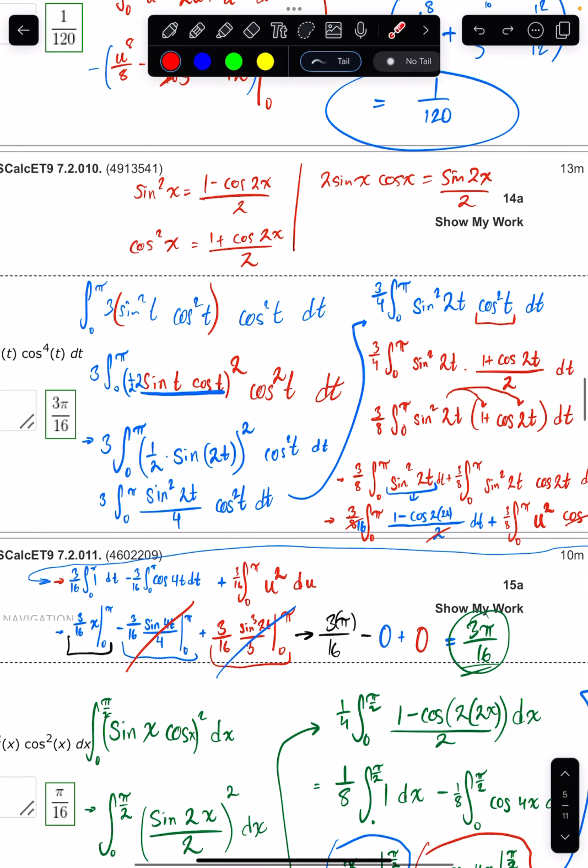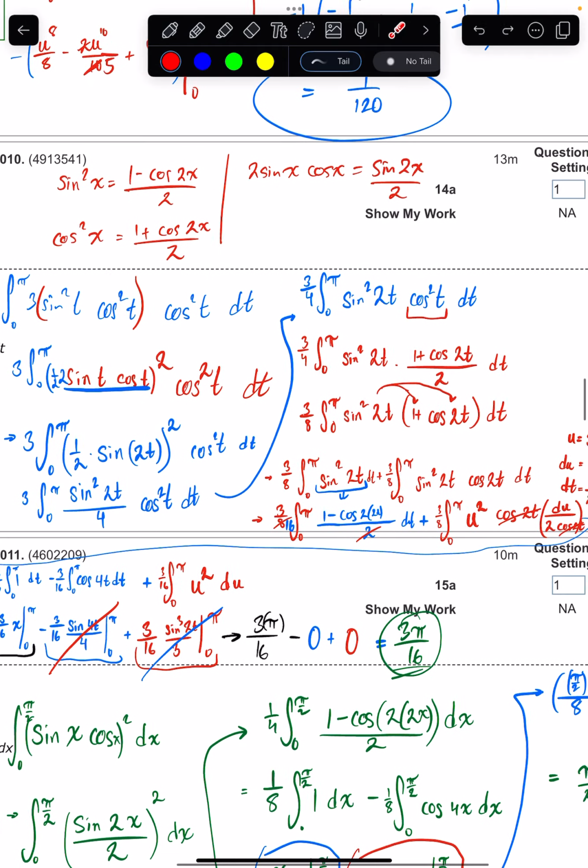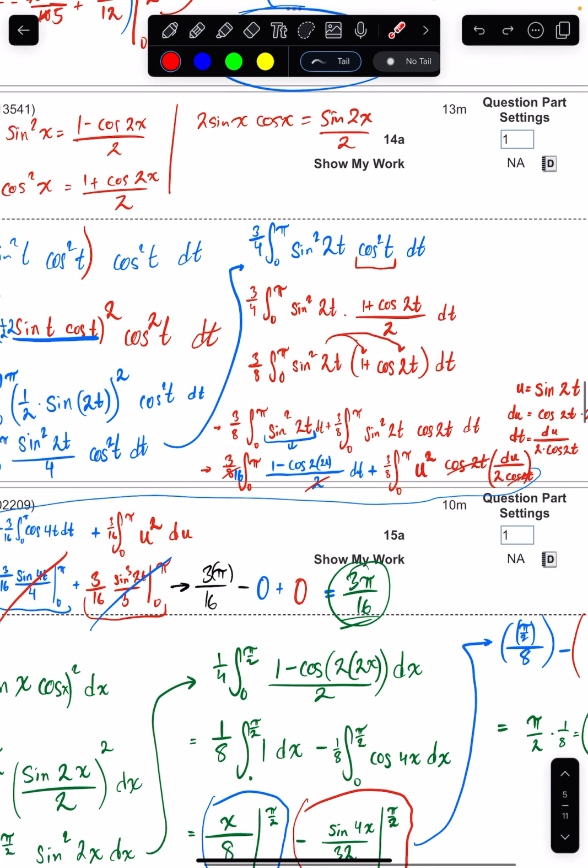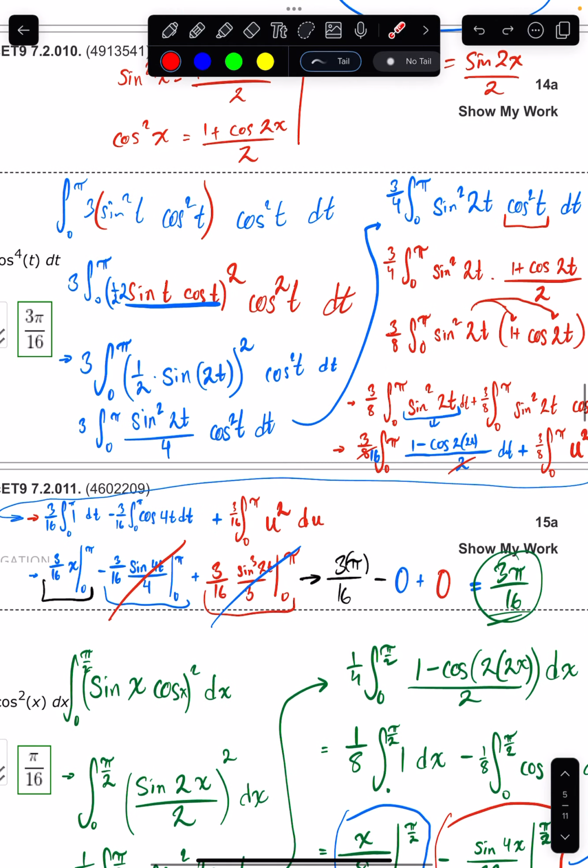After that it's pretty self-explanatory. There's a lot of trig substitution. Square this, and then square that, right?